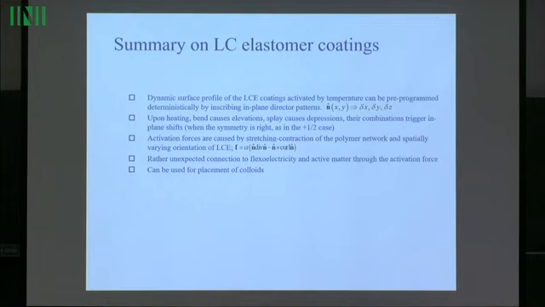Here, an important thing is that since we are dealing with a coating, the bottom surface is clamped to the substrate. It doesn't move much, only the top surface moves. And this is why the relationship between the director field and the behavior of the film is deterministic. If you were dealing with a free film, then these bulges are not necessarily going one way or another. They might show some degeneracy.